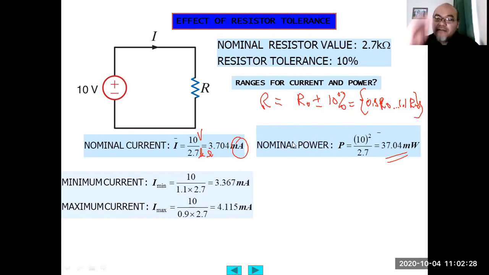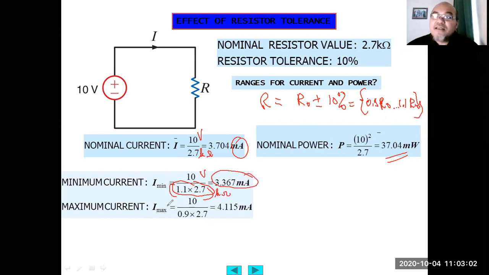I equals V, the voltage, divided by R. So the highest value of the resistor is 1.1 multiplied by R0, that is why here we put 1.1 multiplied by the nominal value of the resistor, 2.7 kilo ohm. The minimum current will be 10 volt divided by 1.1 multiplied by 2.7 kilo ohm. So the value is 3.367 milliampere.